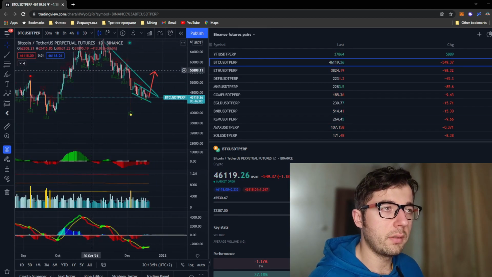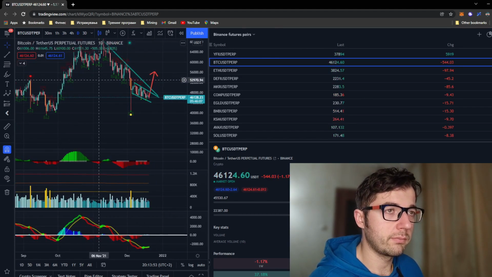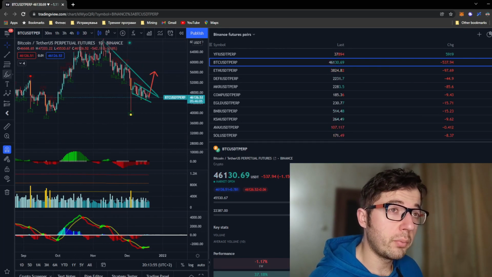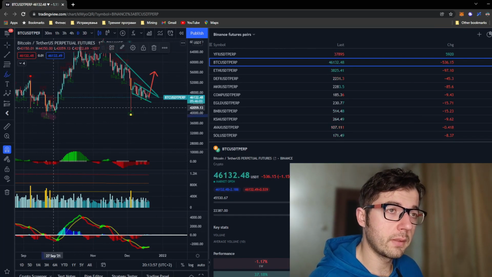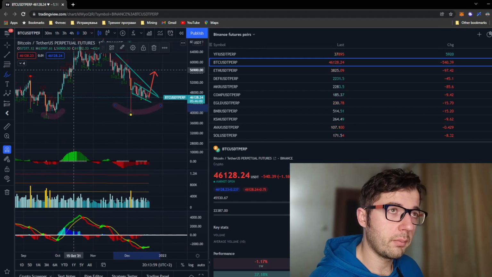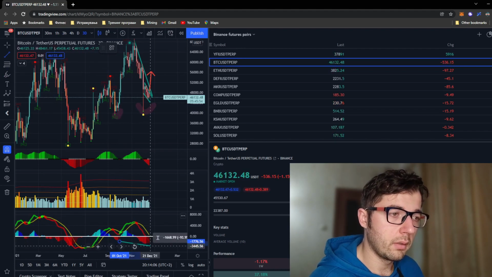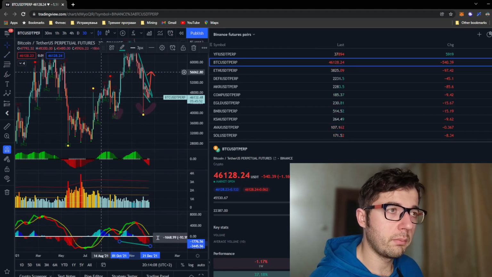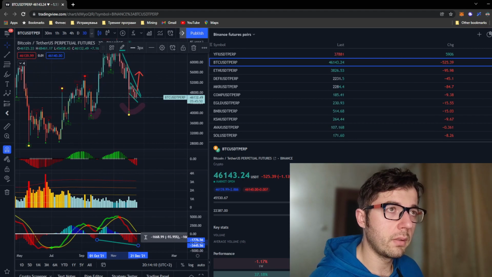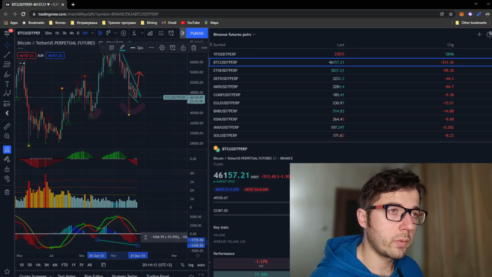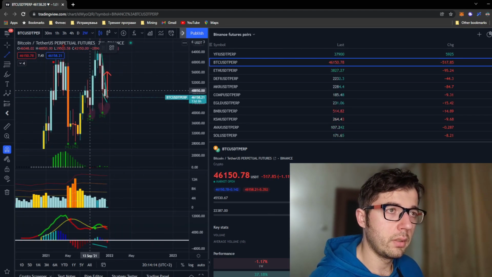So currently Bitcoin is neutral with some bullish concentration. You have this low and then probably a higher low. We also have this hidden bullish divergence, but it's not confirmed. On the 2-week we close below this resistance.